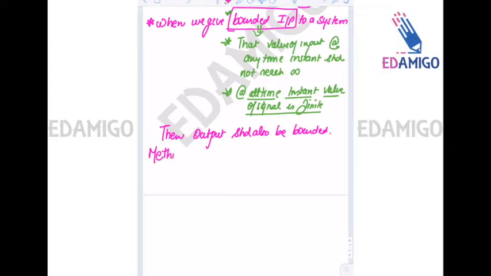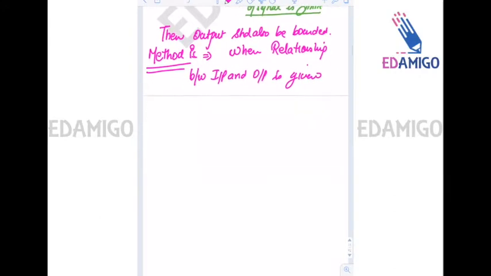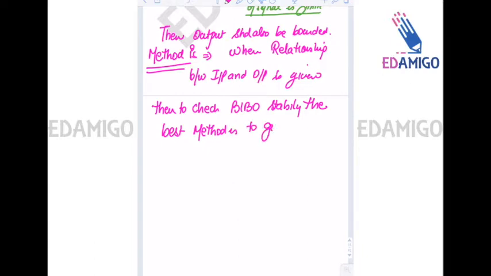When the relationship between input and output is given, then to check BIBO stability, the best method is to give u(t) or u[n] as input to the system, because we know that u(t) and u[n] are always bounded: for u(t) the value of the signal is always 1, for u[n] also the value is always 1 or 0.